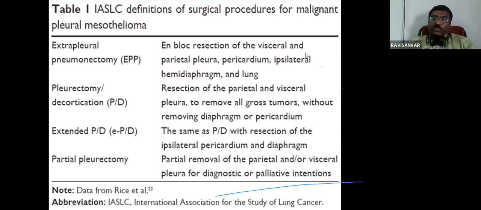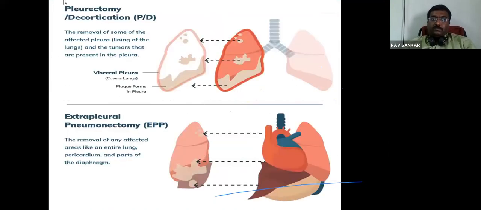If you remove everything, the pleura, pericardium, ipsilateral hemidiaphragm and the lung, it is known as extrapleural pneumonectomy. The pleurectomy and decortication is removal of only the pleura.